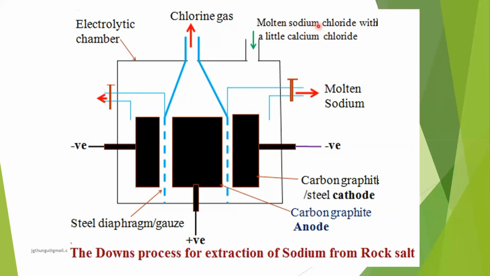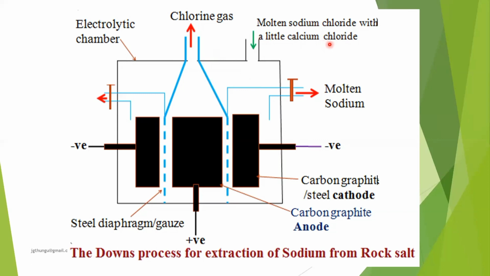Then note where we are adding our molten sodium chloride with a little calcium chloride. Whatever we feed here is in molten form. So there is a place where we first heat the sodium chloride to melt it.